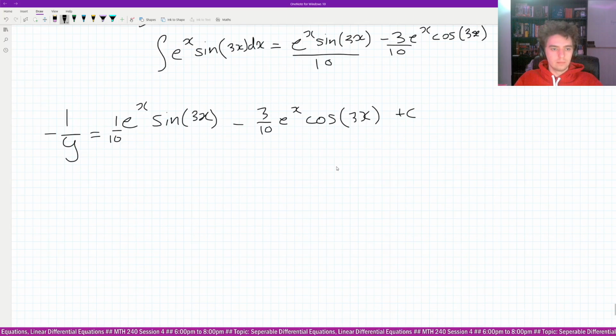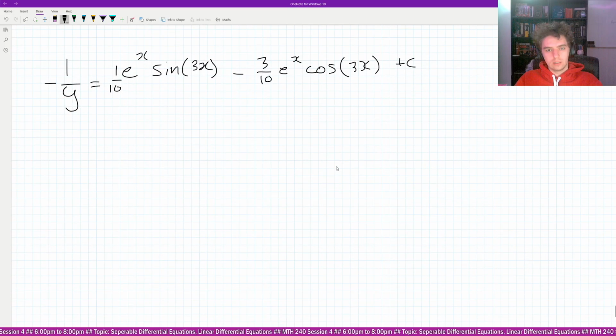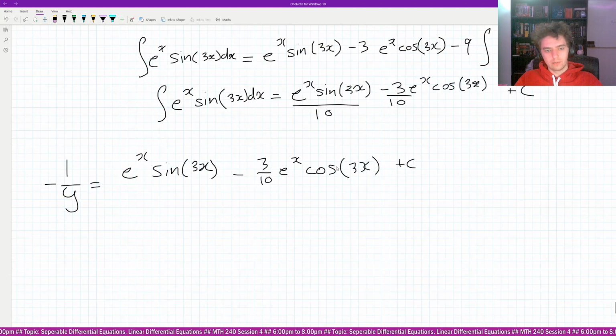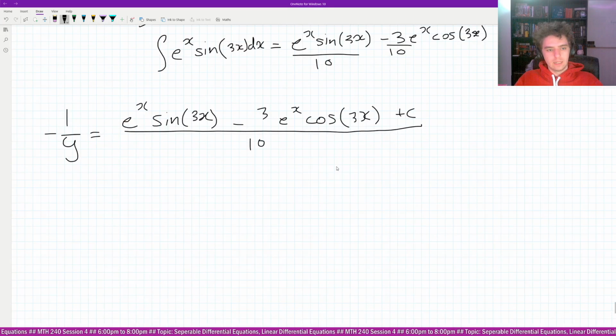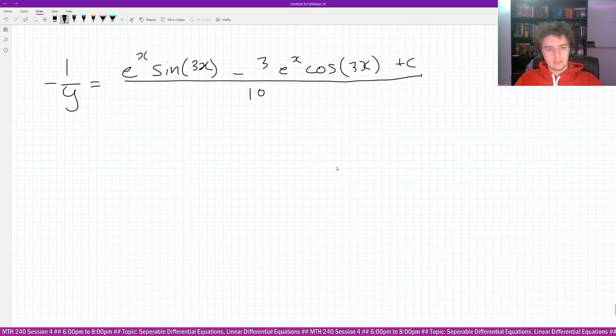I will just flip this around. Actually, I will put this all under one fraction. I can put the c in there too, it doesn't matter. Okay, I'll be more clear with what I'm doing.